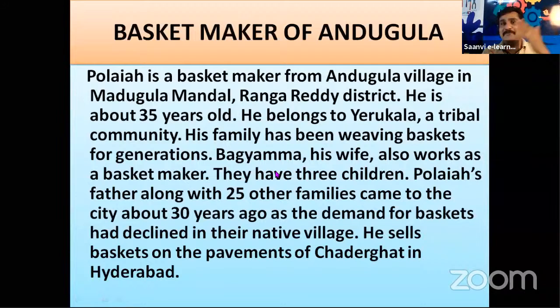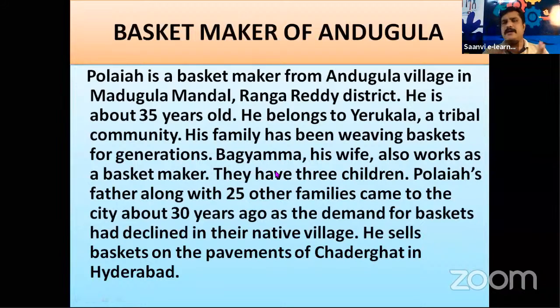So the people who are living in that area, when they hear about Jannaram, Mancherial or our area, they may also laugh, Advaita. Okay, so here his name is Polaya. He's a basket maker from Andugula village in Madugula Mandal. Okay, it is in Rangareddy district.